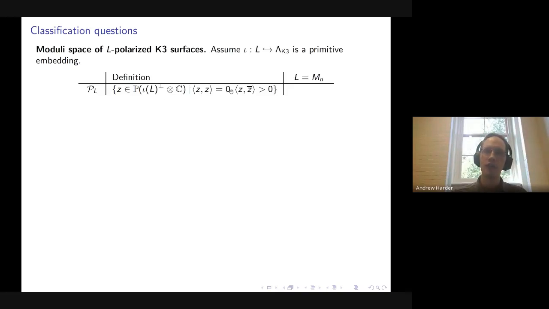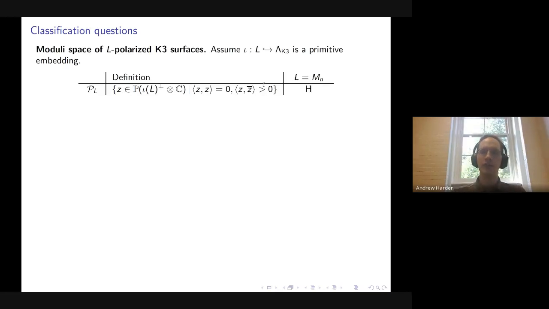Then I take a quadric inside of this, so things whose pairing with themselves, where the pairing is given by the pairing on the K3 lattice, is equal to 0. Then I want to look at only essentially half of these points, or not really half. I want to take out some real hypersurface inside of here, and look at where Z pairs with its complex conjugate is not equal to 0. Generally speaking, this will be something with two components.